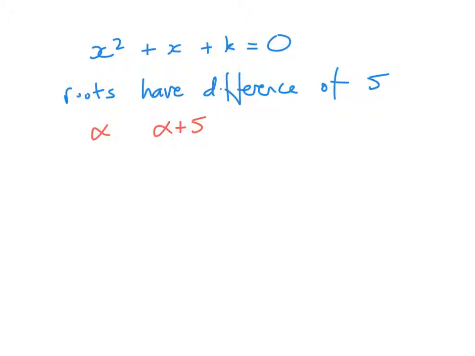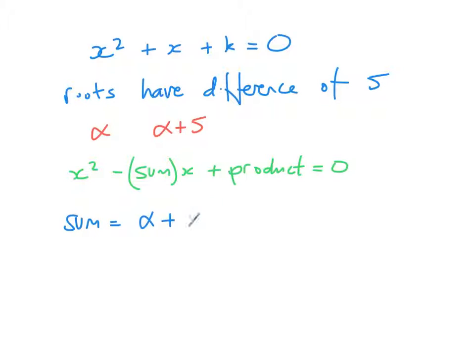And if you remember from this formula that we are looking at, if we think about the connection between the sum and the product along with the quadratic, our sum is going to be alpha plus alpha plus 5, which gives me a tidied up expression of 2 alpha plus 5. But whatever the sum of my two roots is, it has to be equal to the negative coefficient of x.